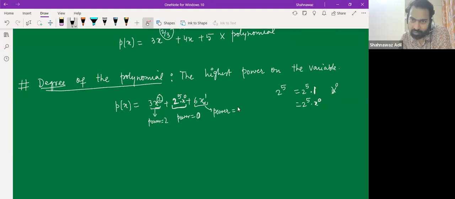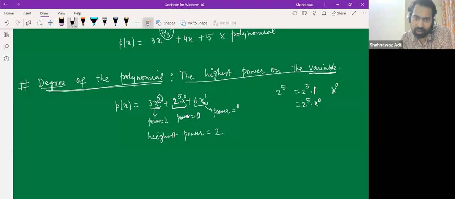It's 1, right? So the highest power in this polynomial is what? That is 2, right? So the degree of the polynomial is defined as the highest power on the variable. The word variable is important, right?